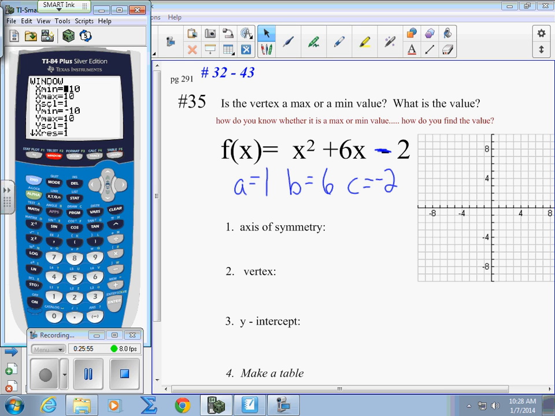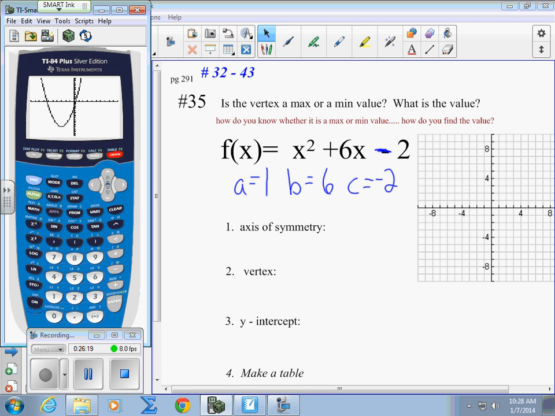Change the minimum y value to negative 15. And when I graph it, you see I get the bell curve. Does it have a minimum value or a maximum value? It has a minimum value.